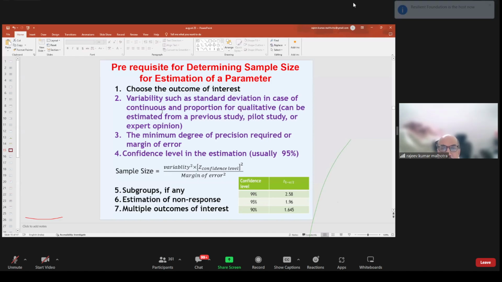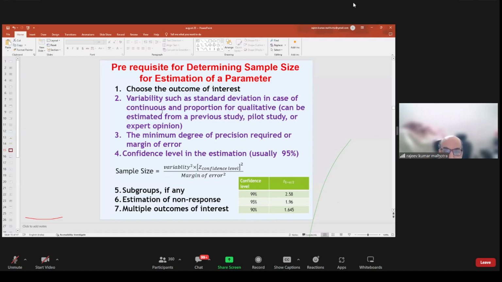So you decide what margin of error you allow for this estimation. This is called the precision level: how precise your estimation is. If your margin of error is high, your precision is less, so you have a wide confidence interval and your estimate is not reliable. So you have to select that margin of error or precision.